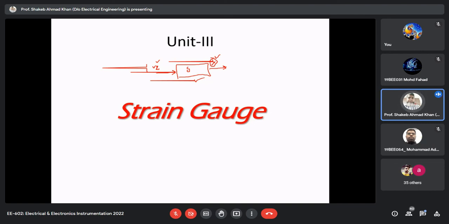Means you can process it, convert it into numbers, and then play with the numbers, interface it with the computer, and transmit it also. You can analyze, make a graph, many things are possible. So those are all additional attractions. So that's why sensors are used widely, even in our daily life.